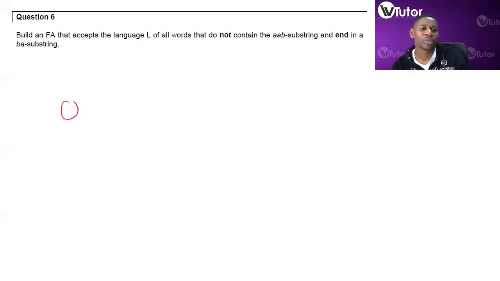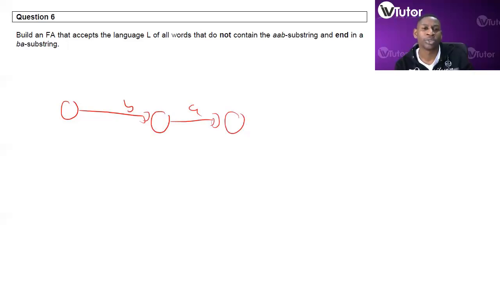So if you've got B and you've got A, it should end in a BA substring. So these are the first ways to go. Now, if you continuously have other B's, you can stay here at the state, it's not a problem. If you have other A's, as long as it does not contain AAB, okay?